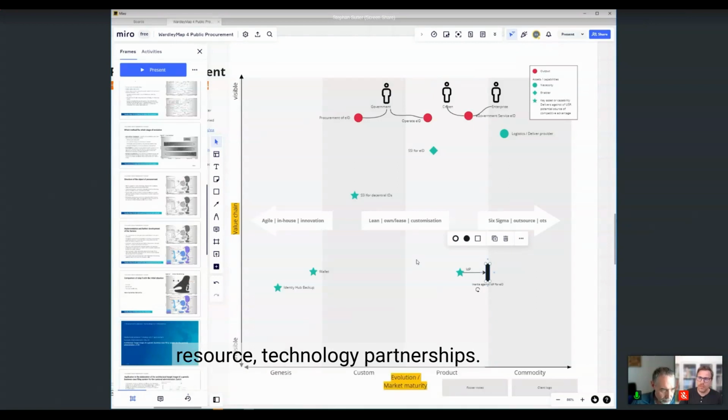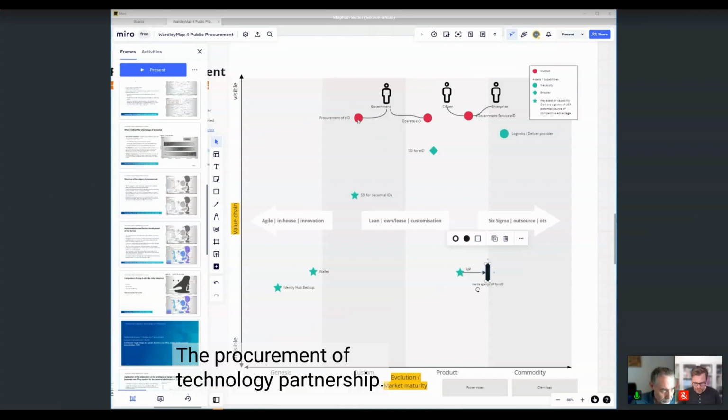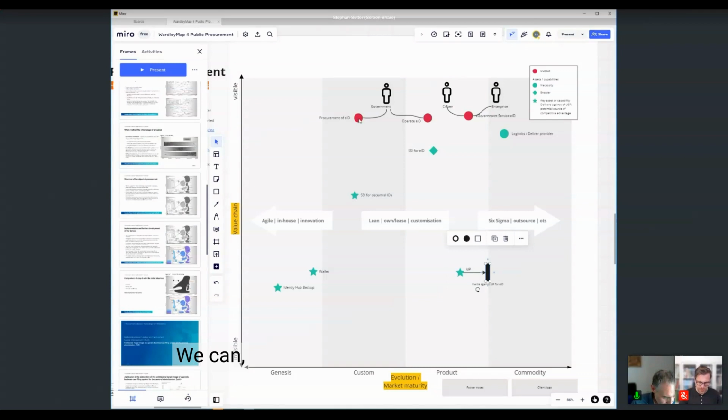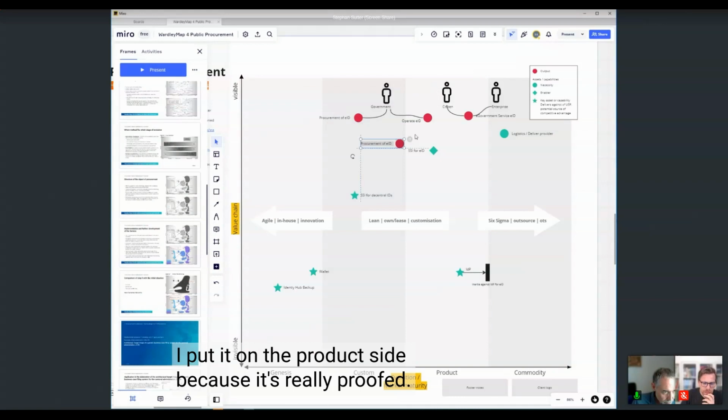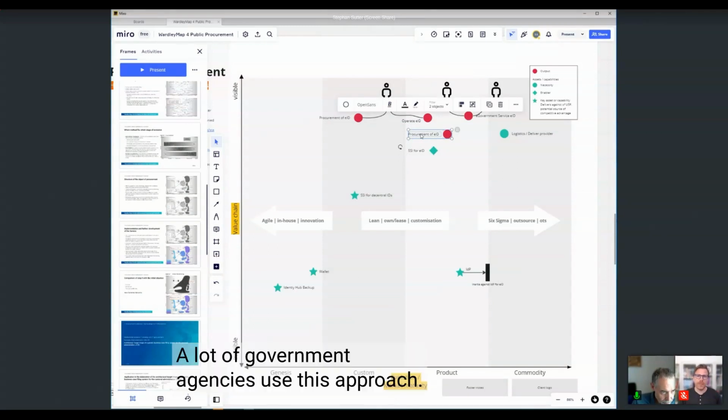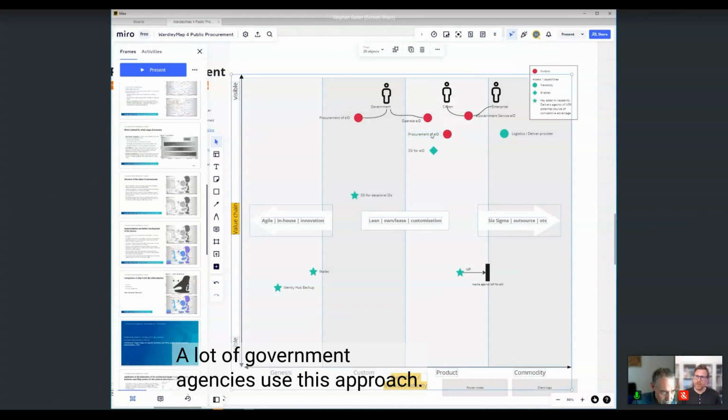These are technology partnerships. The procurement of a technology partnership is something which works very well. I put it on the product side because it's really proven. A lot of government agencies use this approach.